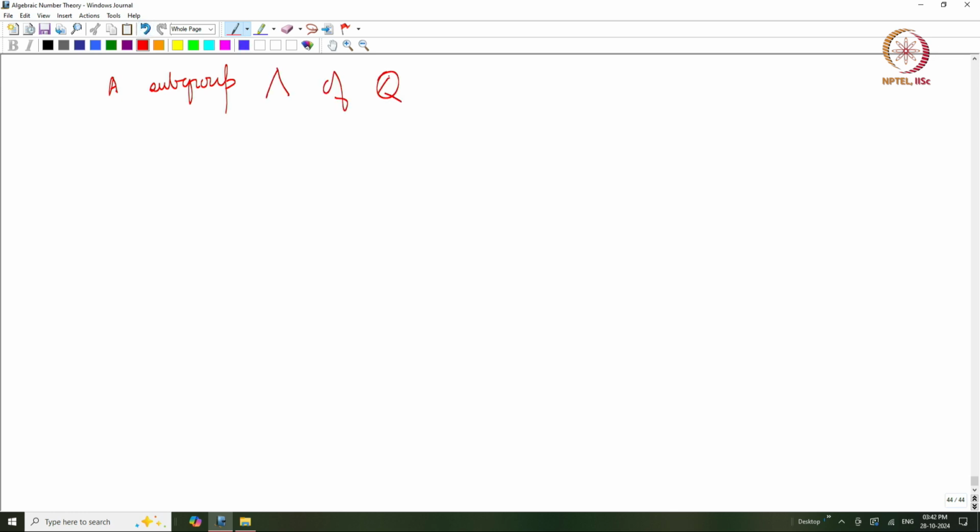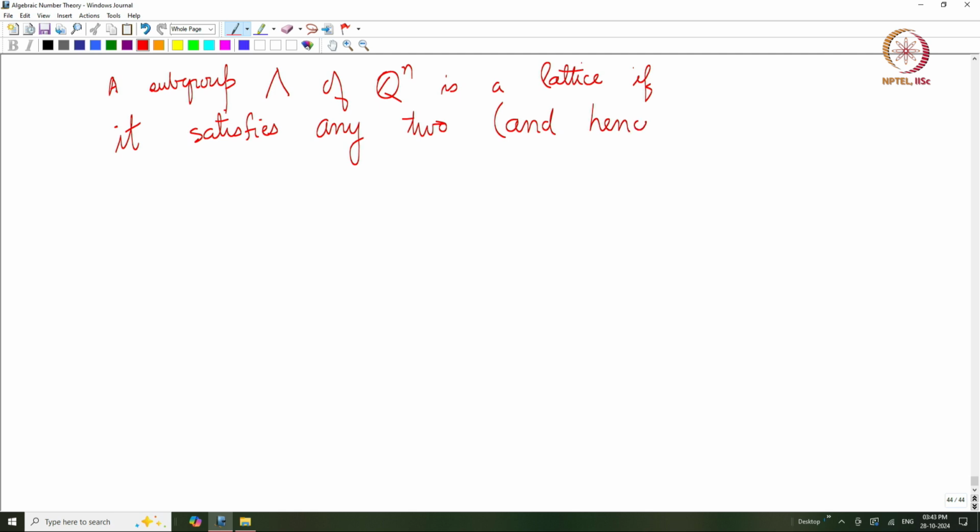A subgroup Lambda of Q^n is a lattice if it satisfies any two, and hence all three, of the following properties.